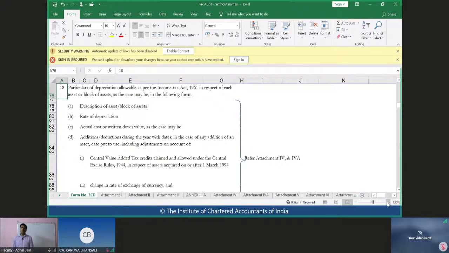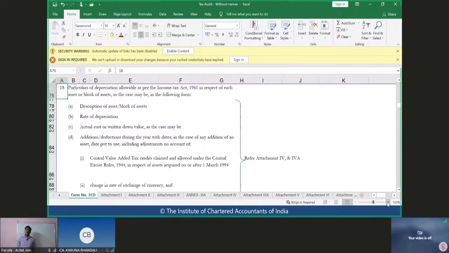Now, in case of most of the organizations, like manufacturing companies, FMCG companies, companies which are into trading, or some of the companies in the automotive sector, if you look at the large size companies, they will generally have a huge gross block, wherein maintenance of all of these records, which are required by this clause number 18, is considered to be a challenge in itself.